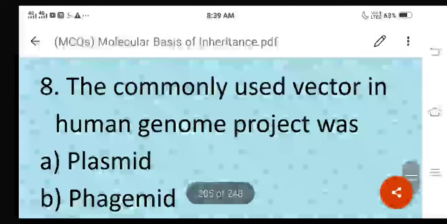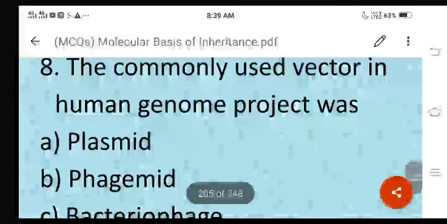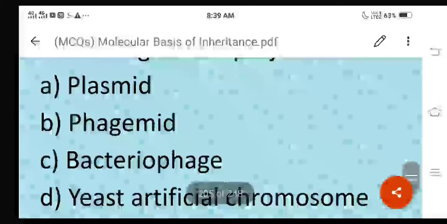Question number 8: the commonly used vector in the Human Genome Project was. Option A, plasmid; then bacteriophage; then yeast artificial chromosome.